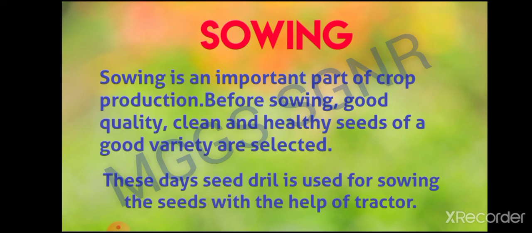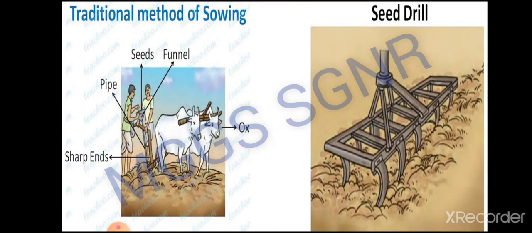These days, a seed drill is used for sowing the seeds with the help of a tractor, but traditionally it was done manually. There was a funnel into which the seeds were put, and the seeds passed through a pipe and spread on the field.